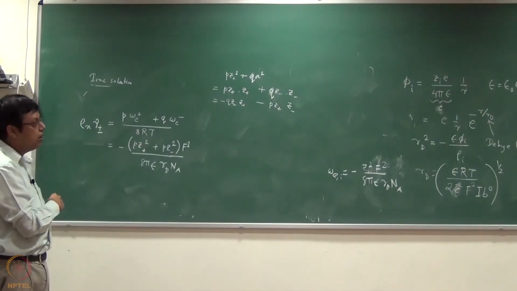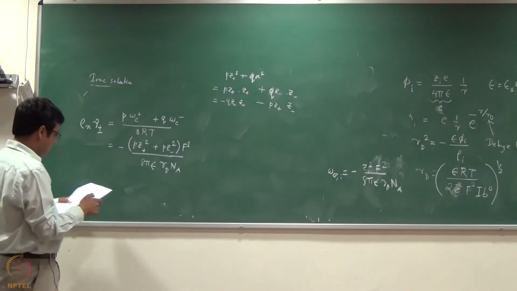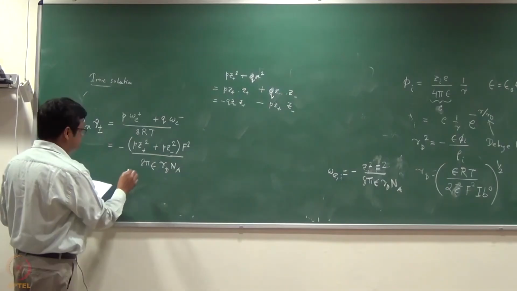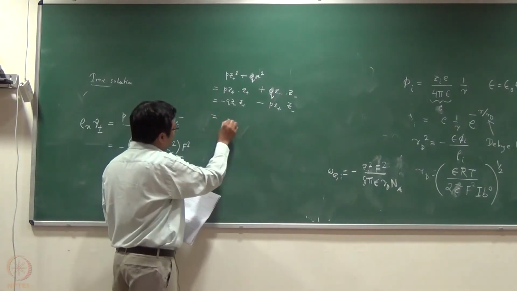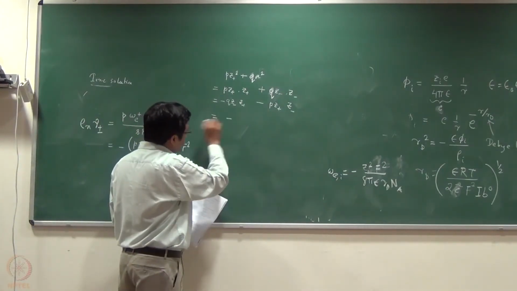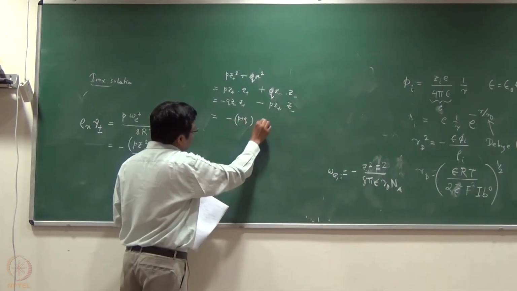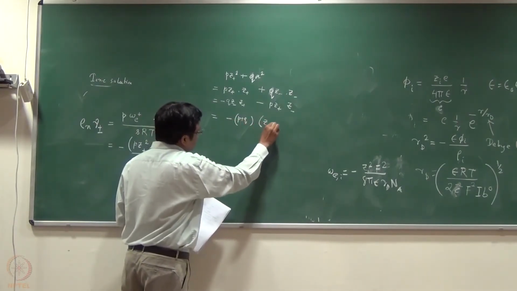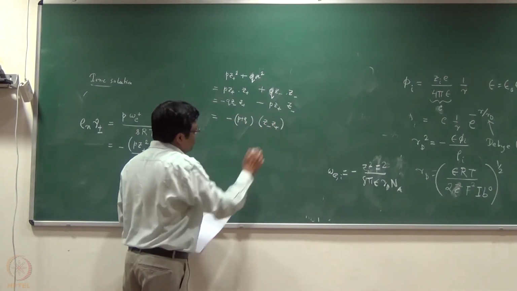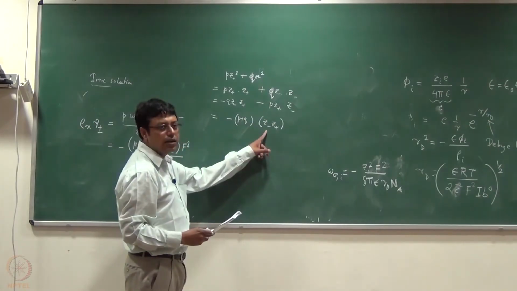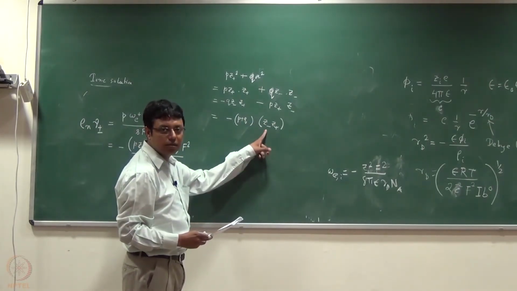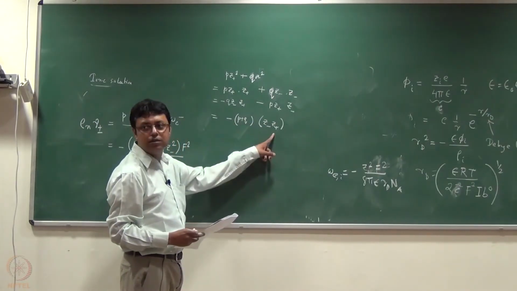Clear? So what I got is something like, let me just write it here. I can write it as minus P plus Q, Z minus Z plus. But if I write it in terms of modulus, then this minus sign will be inserted.